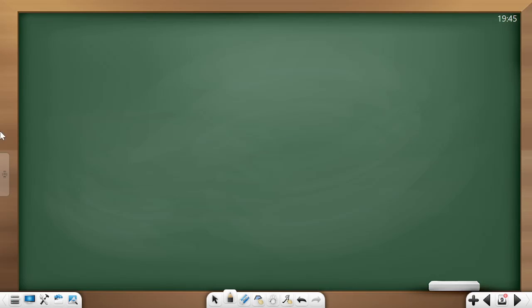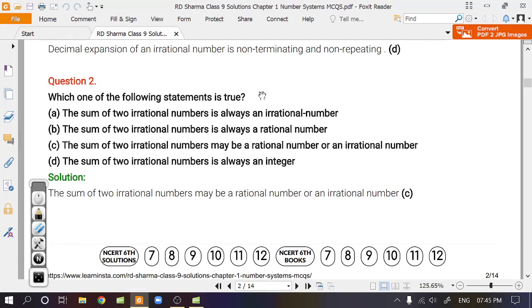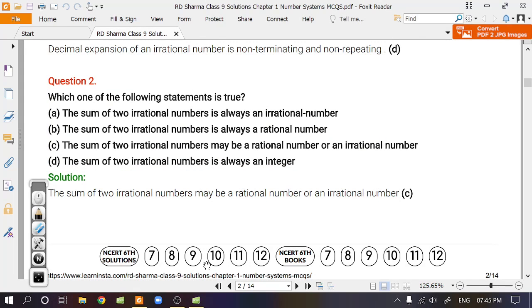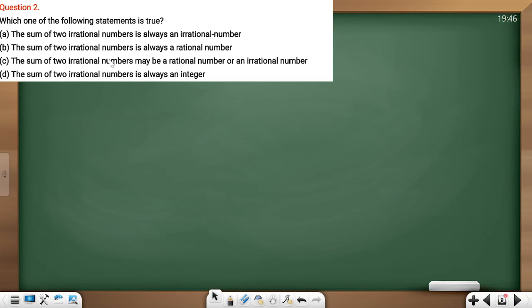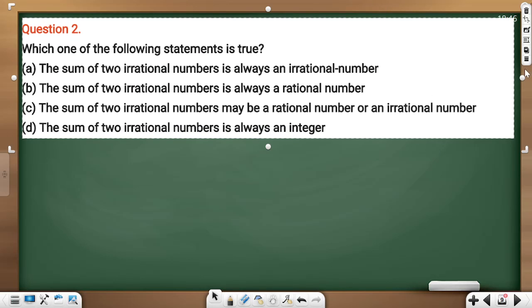I am going for question 2. See here, question 2. Which one of the following statements is true? The sum of two irrational numbers is always an irrational number.